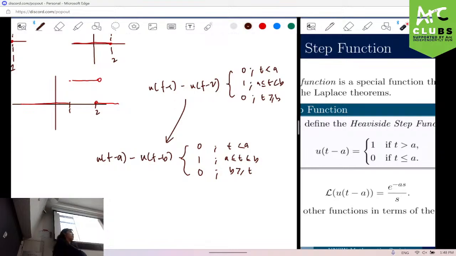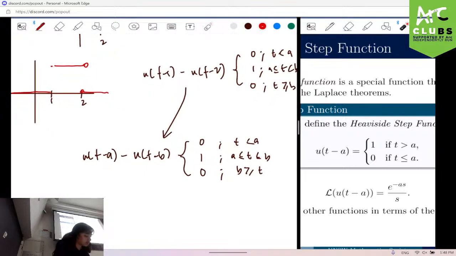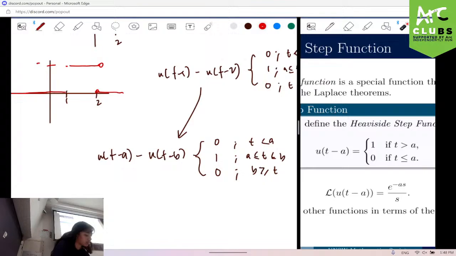The beauty of the Heaviside function is that you can manipulate it. So let's say we want this to be 3 instead of 1. We multiply this whole thing by 3, and this will be 3. Or let's say we want it to be 2x plus 1. This will be 2x plus 1 as well. So really, it's quite a cool function.